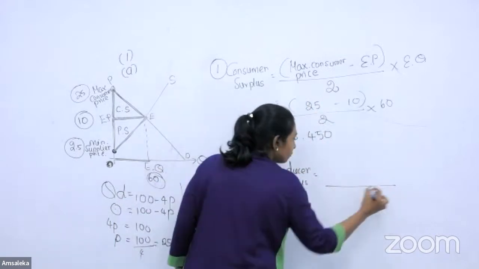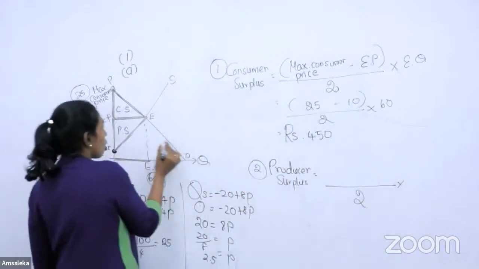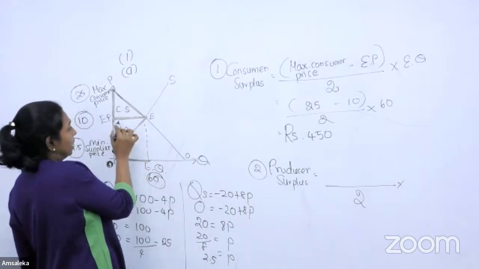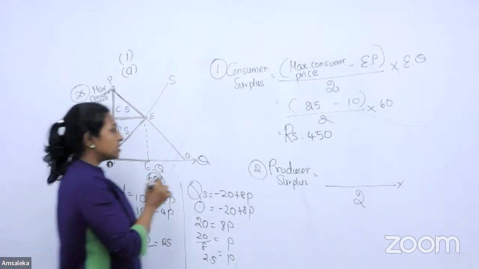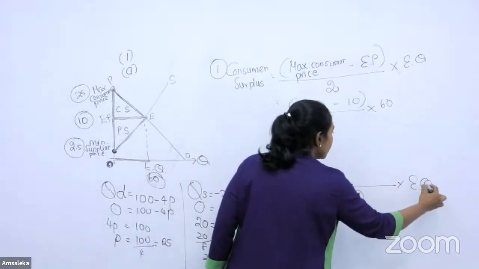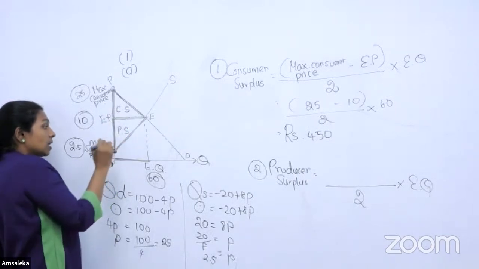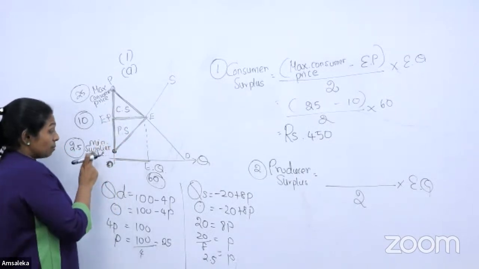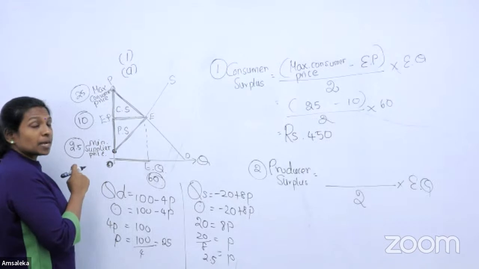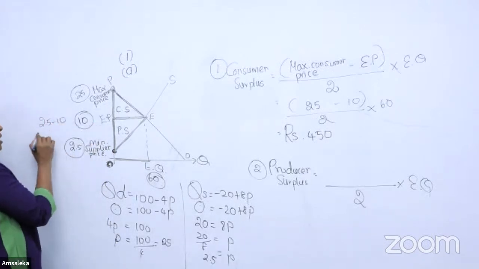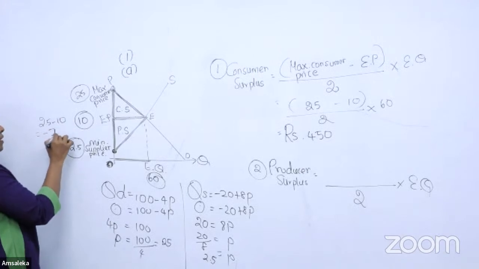Producer surplus is the same way, half into base into height. The base is common for both of them, so it is the equilibrium quantity. Now the case is this height. You cannot say minimum supply price minus EP. If you say that, minus 7.5 comes.